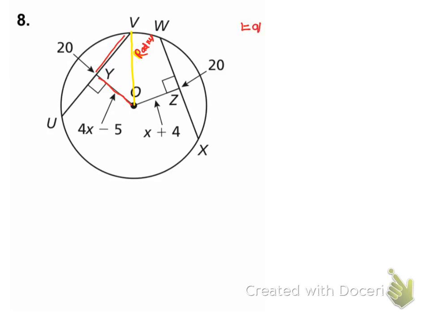By the equidistant chord theorem, it is the same as the last question. There it was shown that the chords are equidistant from the center, but this time they tell us that the chords are congruent. If the chords are congruent, then I could say they're going to be equidistant from the center. So this is going to be congruent to this.